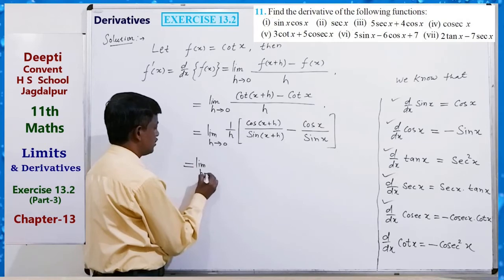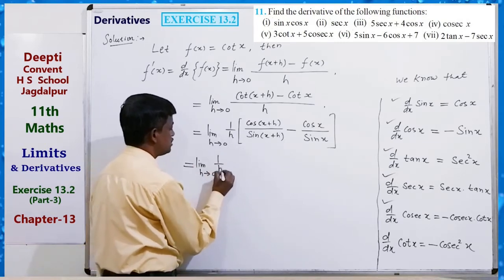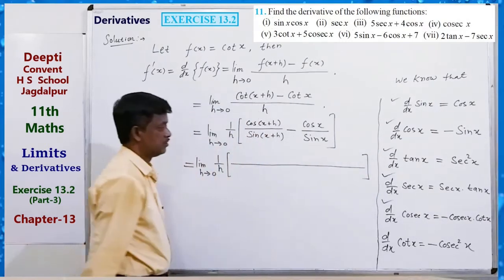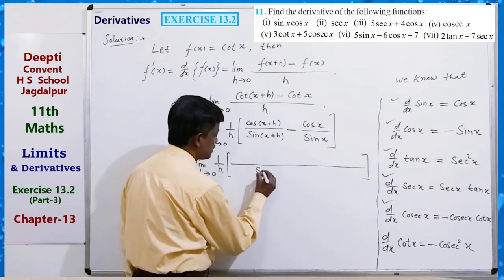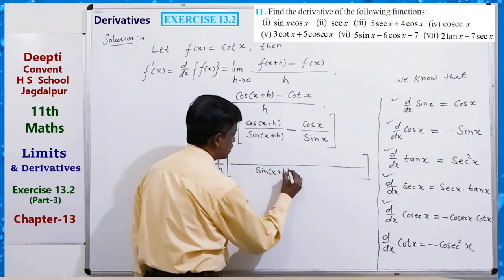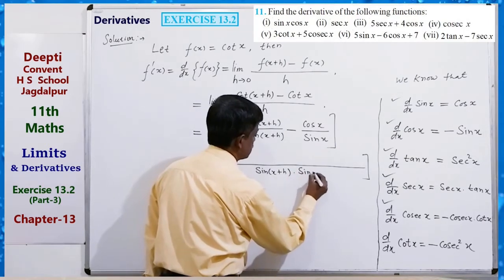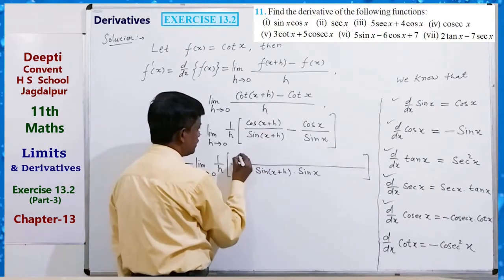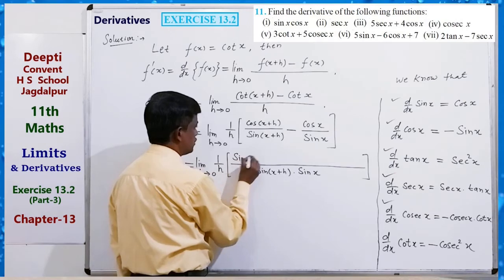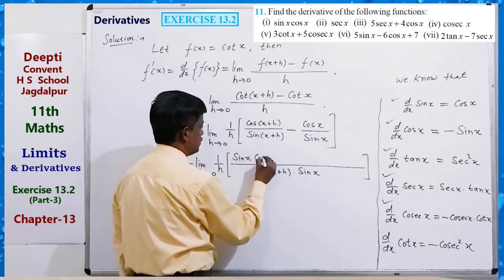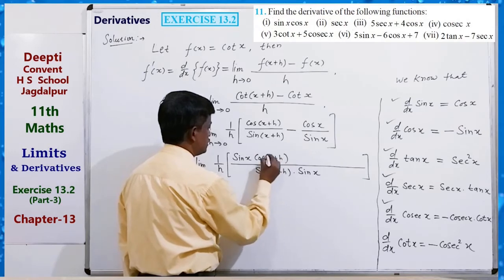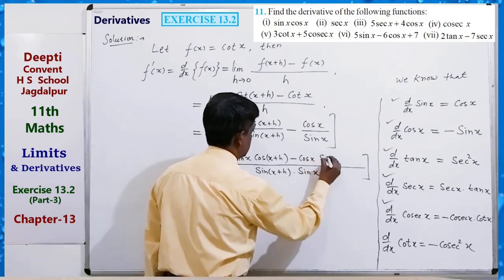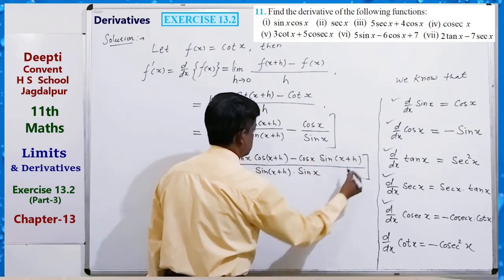Limit h tending to 0, 1 upon h, we can write sin(x plus h) sin x in the denominator. Clear? Here in the numerator, sin x into cos(x plus h) minus cos x into sin(x plus h).